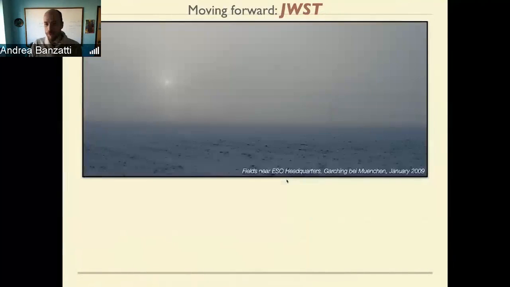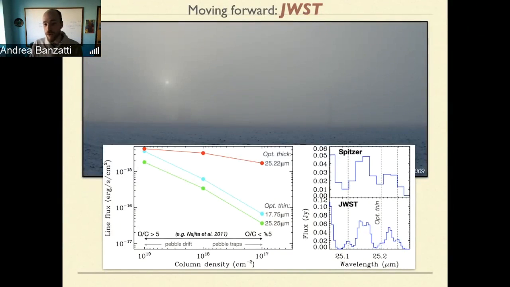In simple terms, situations where the column of water is low could be consistent both with a low drift of particles as well as with just the primordial gas from the formation of the disk.